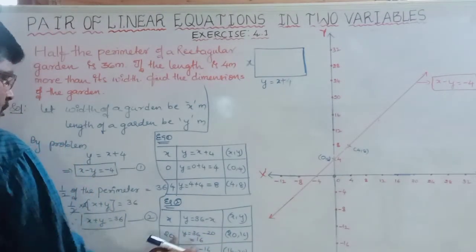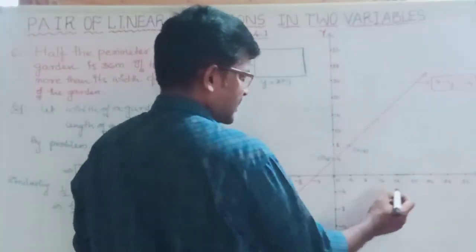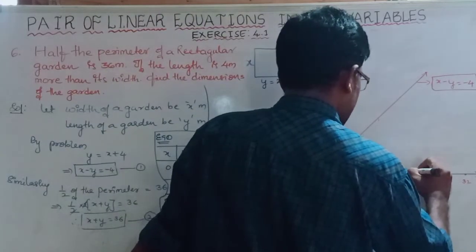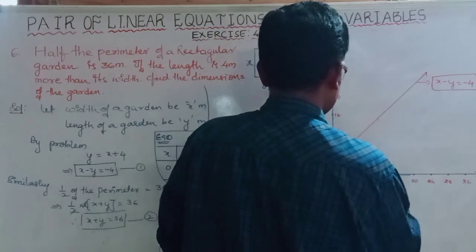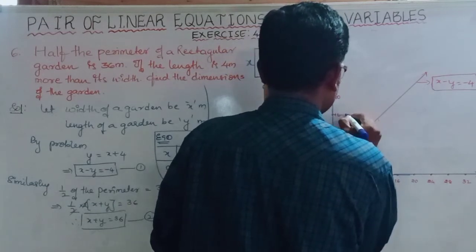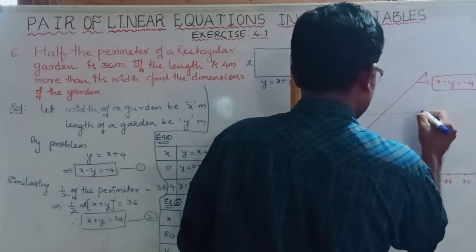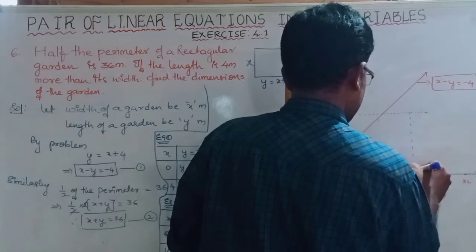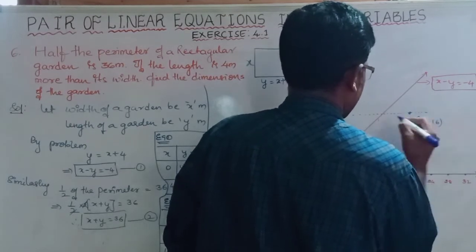These 2 points are plotted on the graph sheet. 20 comma 16: x equals 20, y equals 16.